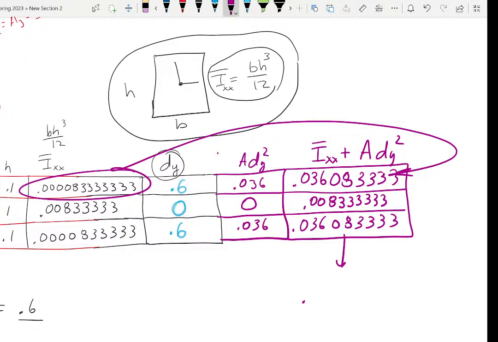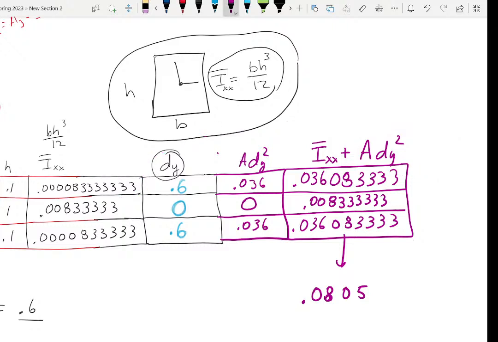And so what I get when I add them all up is 0.805. And I threw away those last digits, because you've got a 333, they go away. So that is in fact the I about the centroid of the composite.